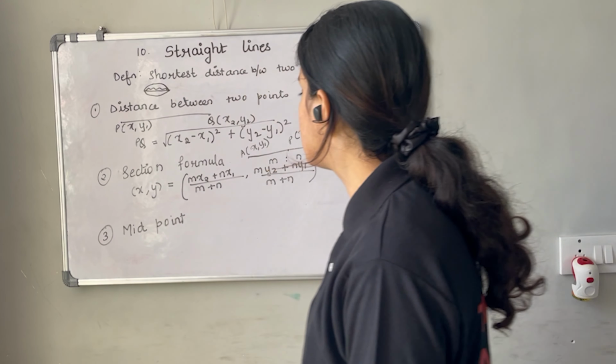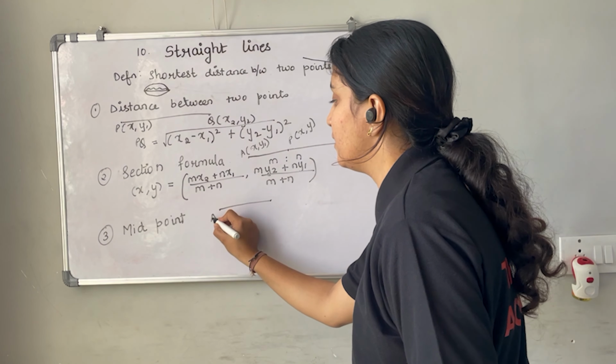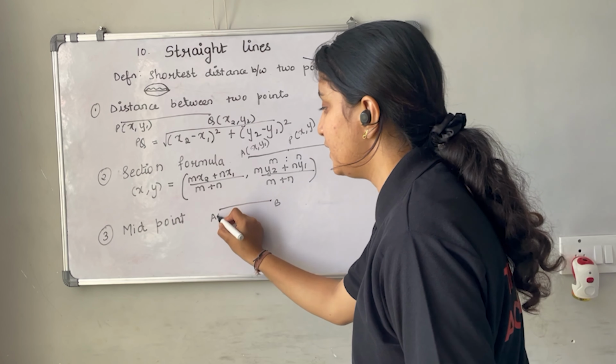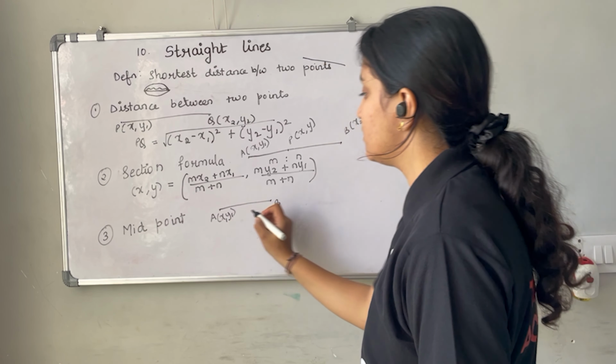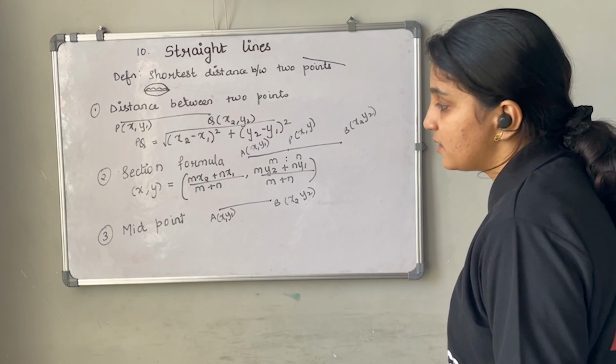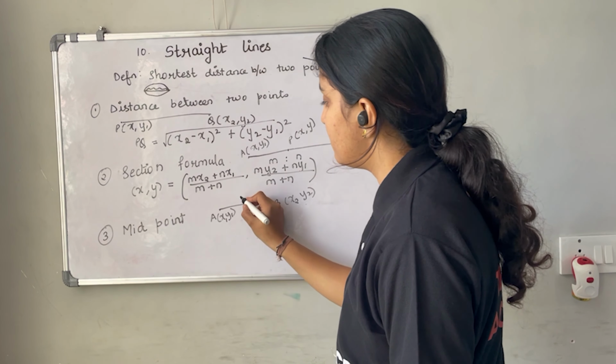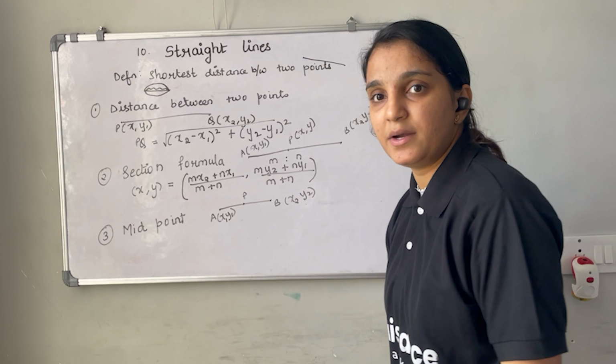Now suppose, if you have a line AB, point A is x1, y1, point B is x2, y2. Suppose P is the midpoint here.